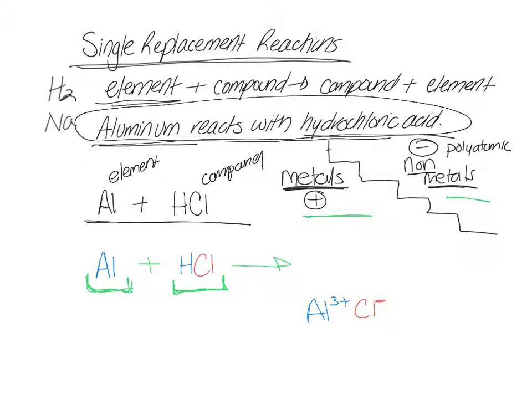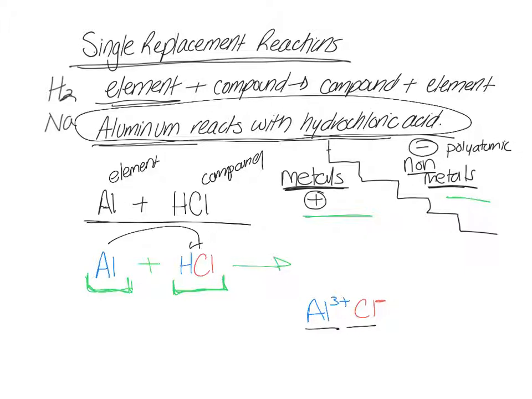Aluminum is the metal, right? And chlorine is the non-metal, and so those two can go together, whereas aluminum cannot go with hydrogen. That just doesn't work. The two metals don't go together. They almost repel each other like magnets.